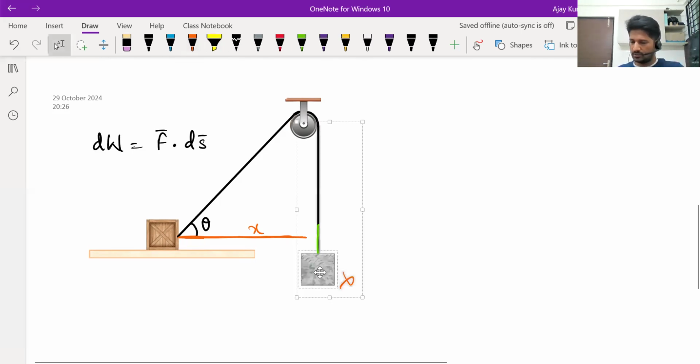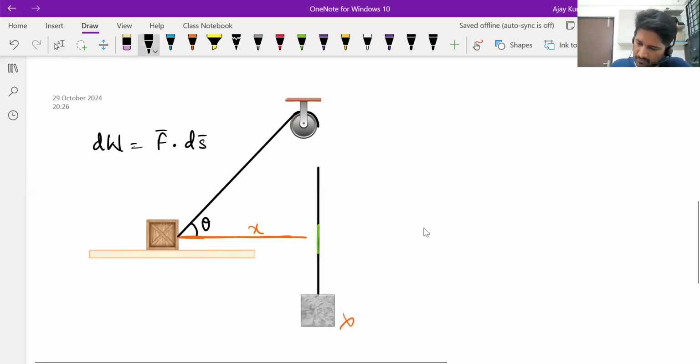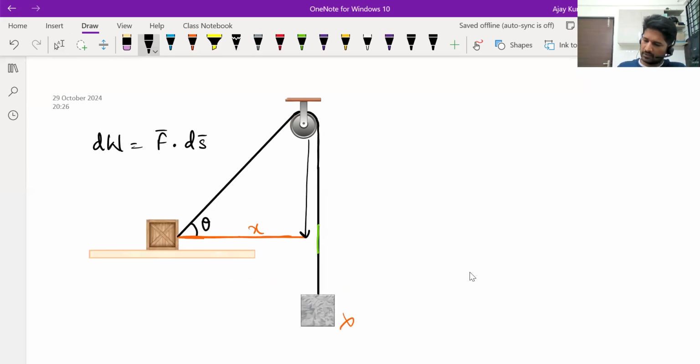I'll take it slightly lower so that you don't get confused. This is what the situation is like. Let's call this distance as y. Only from here to here I'll take it as y, not the total length of the string on the right side. And let's call this as z.